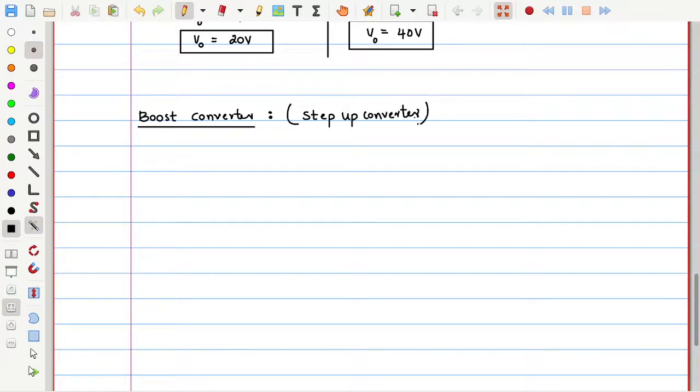As in the previous case, we have the input as a voltage source Vi, and the output is a load. Across the load we will have a capacitor. This is the usual thing for any type of converter. This is the capacitor.